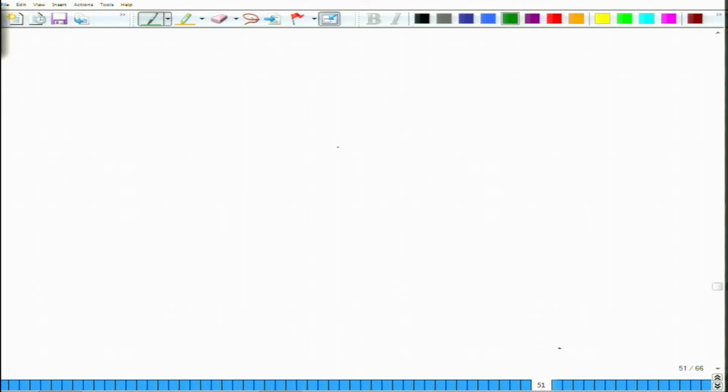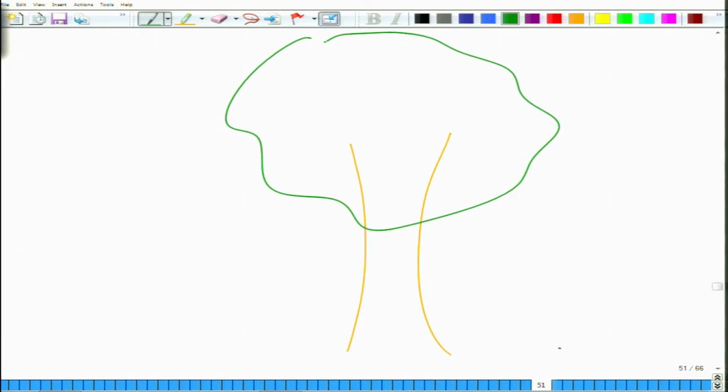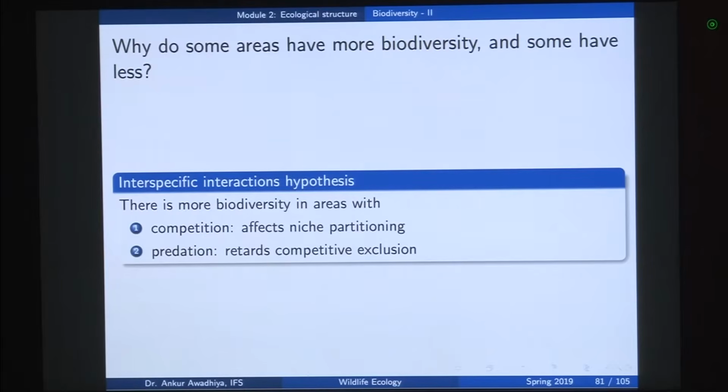Now suppose you have an area where you have a tree, and in this tree suppose we have say 2 species of birds. So this is species 1 and this is species 2, and because these species do not have a very large number of individuals, the amount of competition is less.